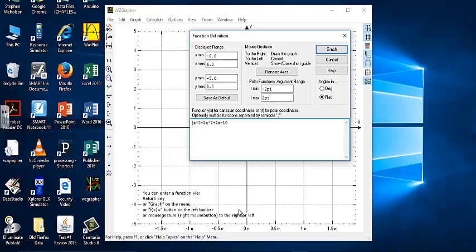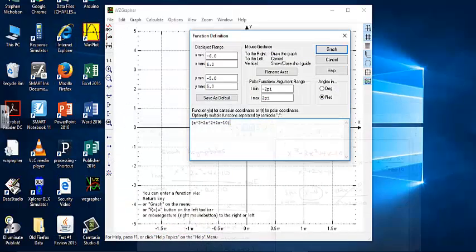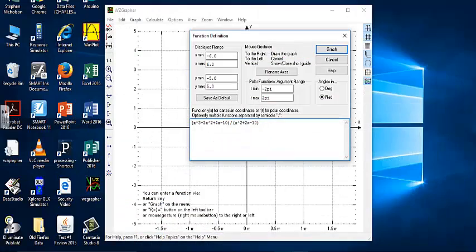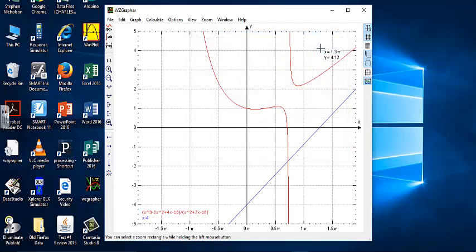And then I'm going to divide by the denominator, x squared plus 2x minus 10. Okay. And then I also plot the slant asymptote, which was x minus 4. Okay, so I graph that.